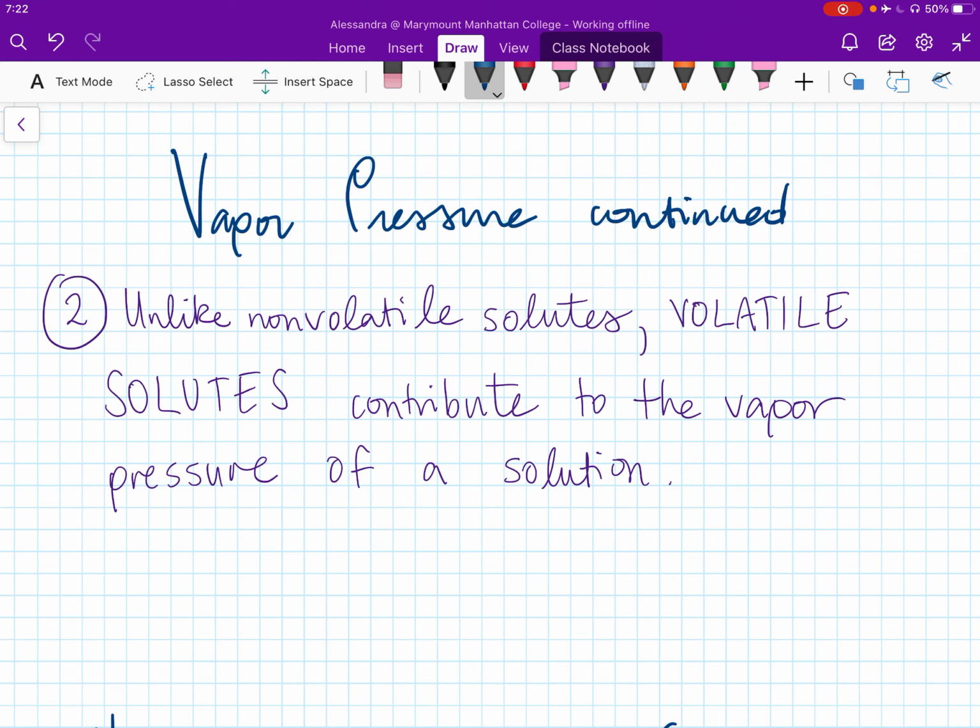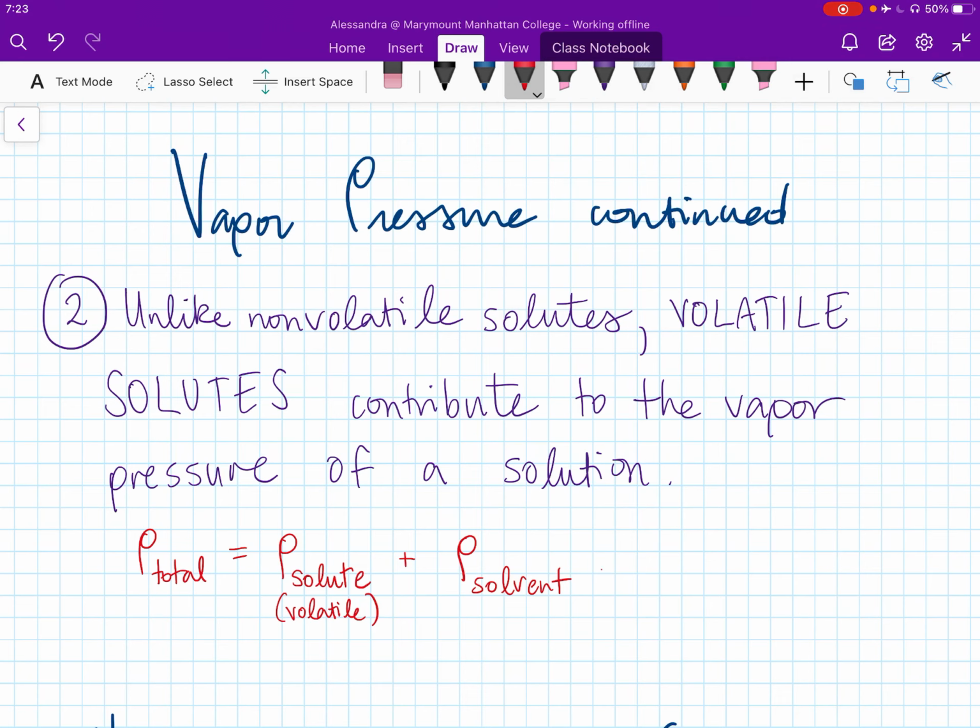Unlike non-volatile solutes, volatile solutes will contribute in an additive way to the vapor pressure of a solution. So we can calculate this in a similar way to how we use Dalton's law back in the gas chapter. The total vapor pressure of the solution is equal to the vapor pressure of the volatile solute plus the vapor pressure of the solvent, which we assume is volatile.